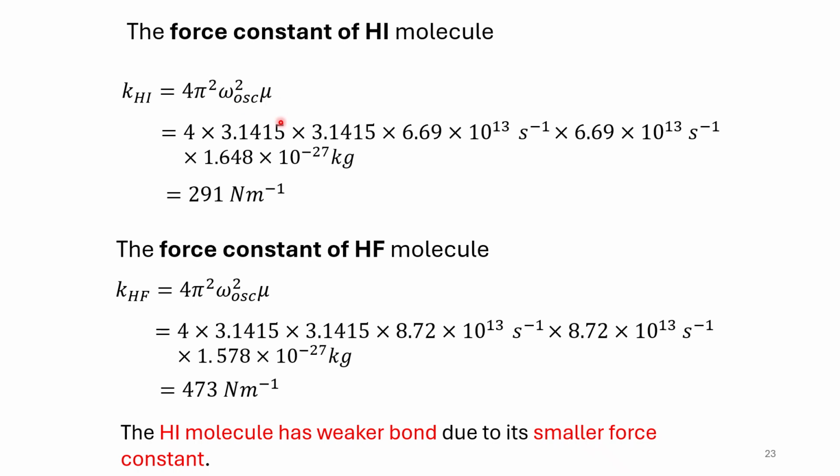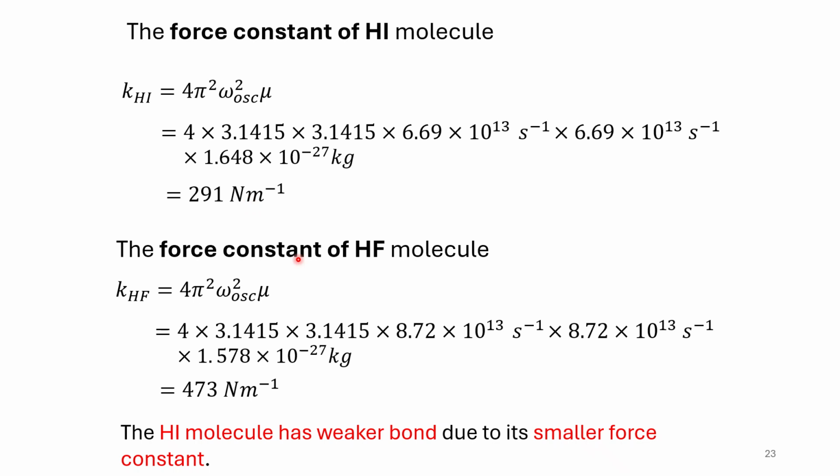So the force constant of the HI molecule can be evaluated. You have the reduced mass, you have the vibrational frequency, then you can find out what is the force constant for hydrogen iodide as well as for hydrogen fluoride.